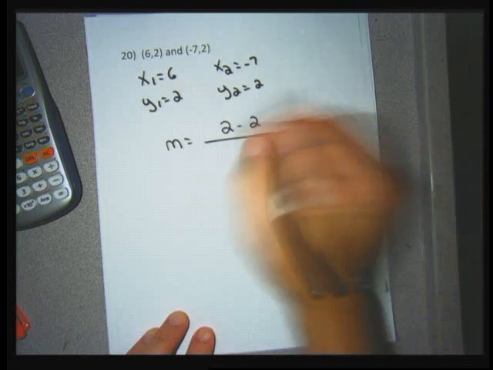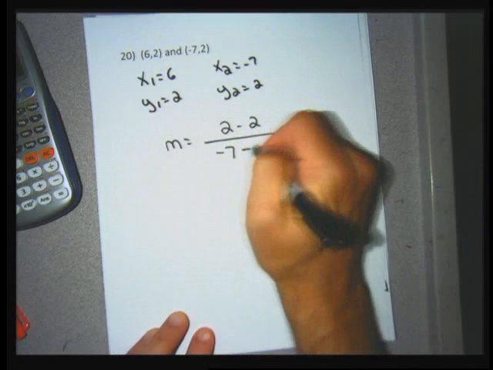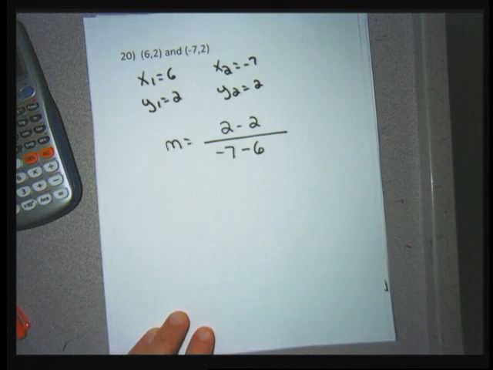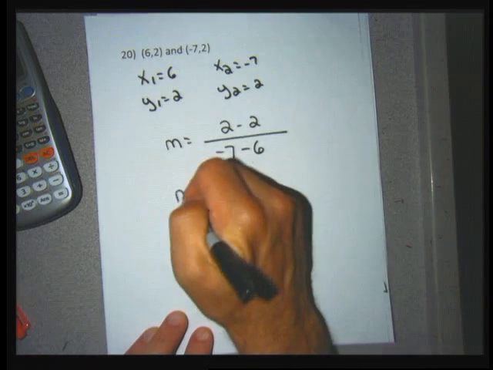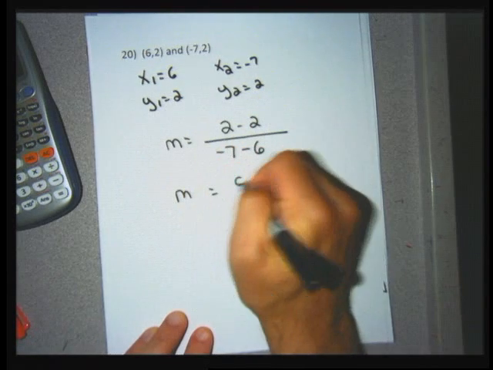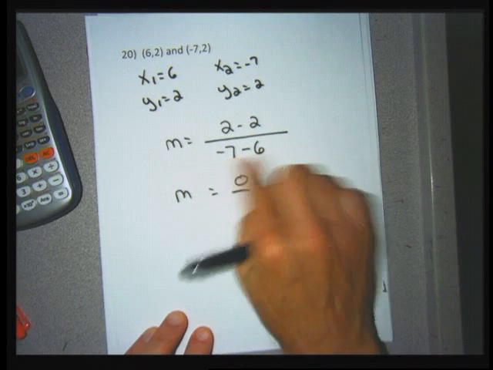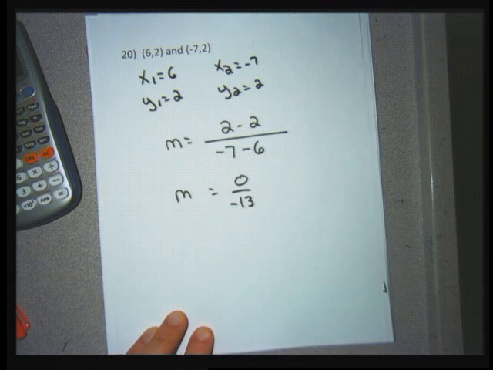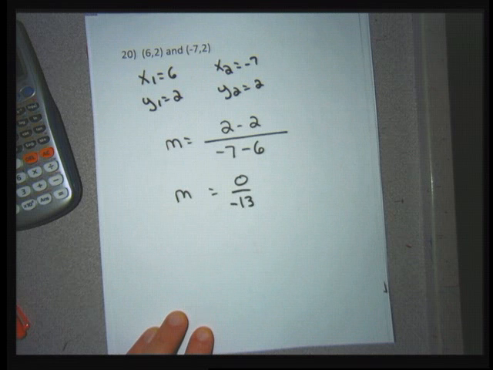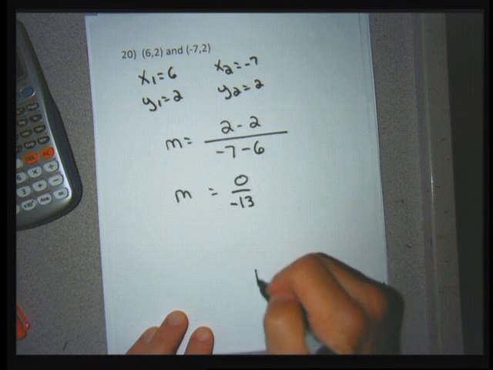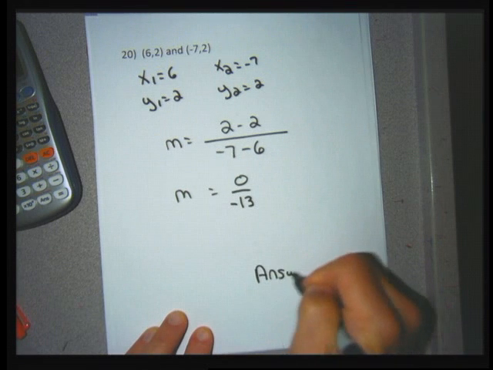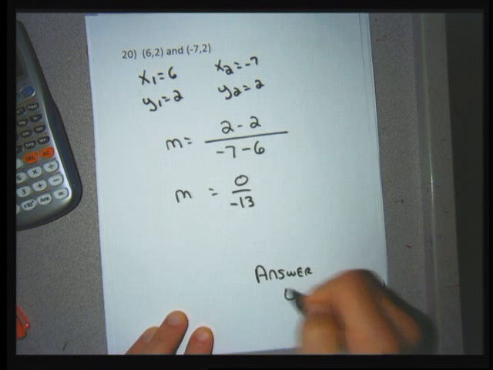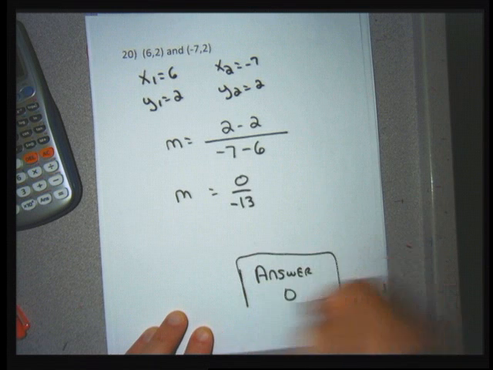In the denominator, x2, which is -7, minus x1, which is 6. Simplify the numerator. 2 minus 2 is 0. In the denominator, both the numbers 7 and 6 are negative. I'm going to add them and keep them negative. I get a 0, so I know my answer is either going to be 0 or undefined. And the slope of the line that connects those points is going to be 0 because it's a fraction that has a 0 in the numerator.